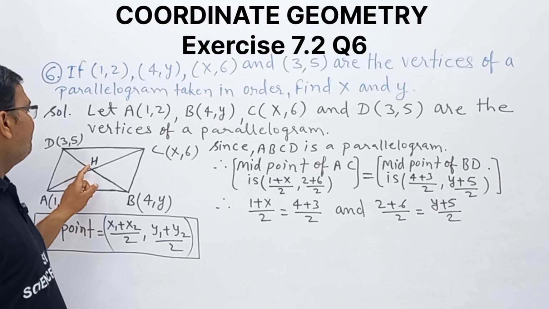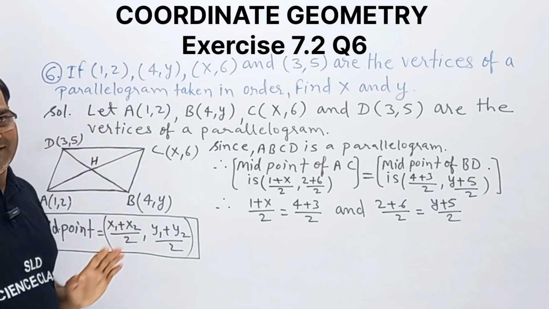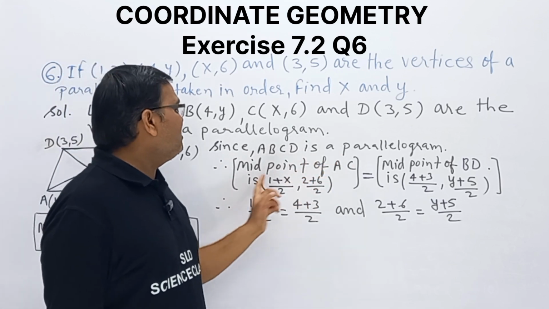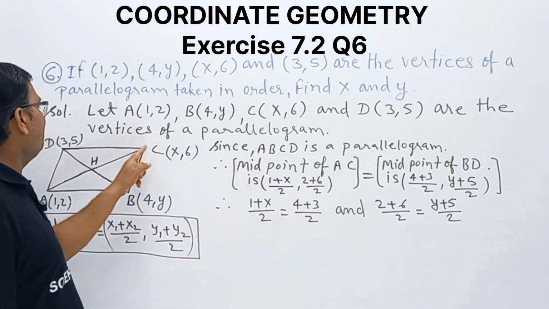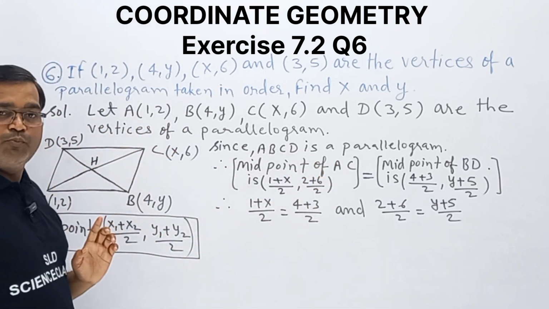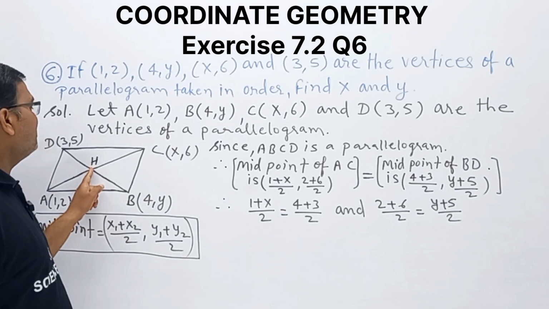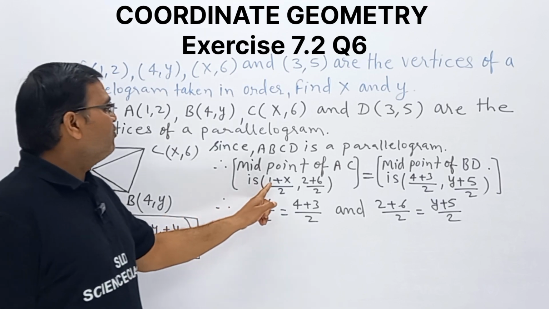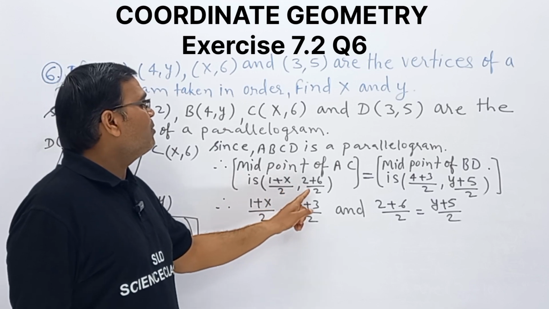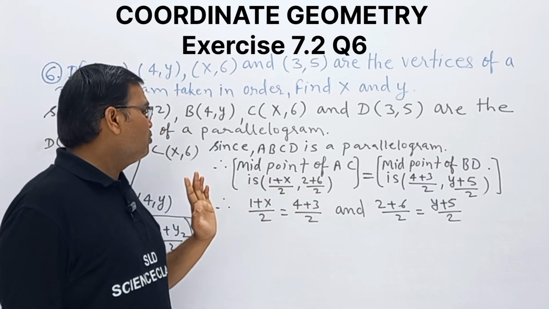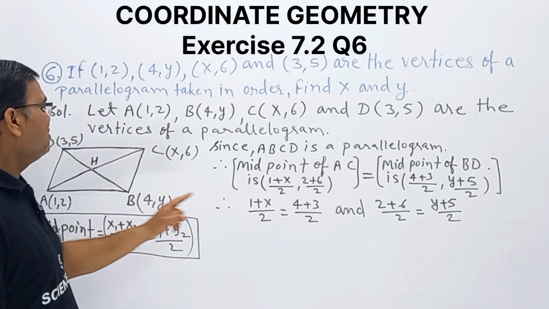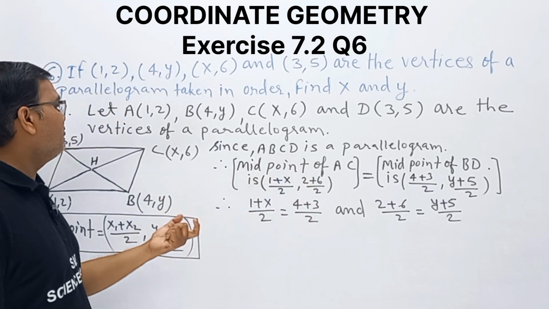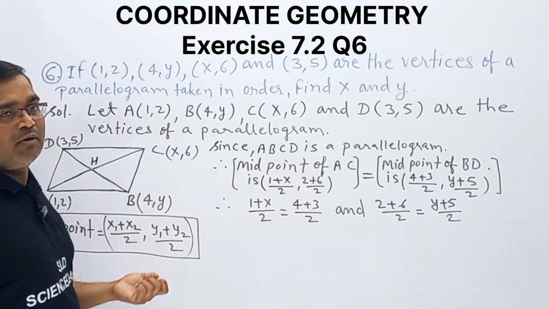to find the midpoint coordinates. The midpoint of AC, where we have both points A and C, so the midpoint H will be ((1 plus x) by 2, (2 plus 6) by 2). Clear? This is the midpoint of AC.